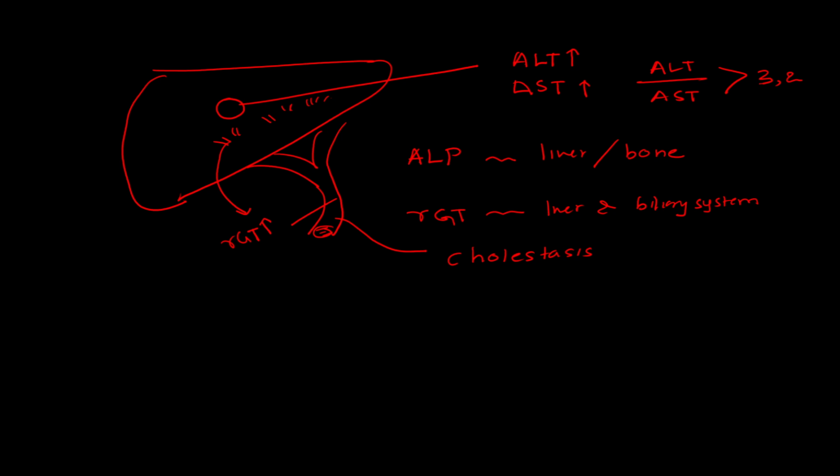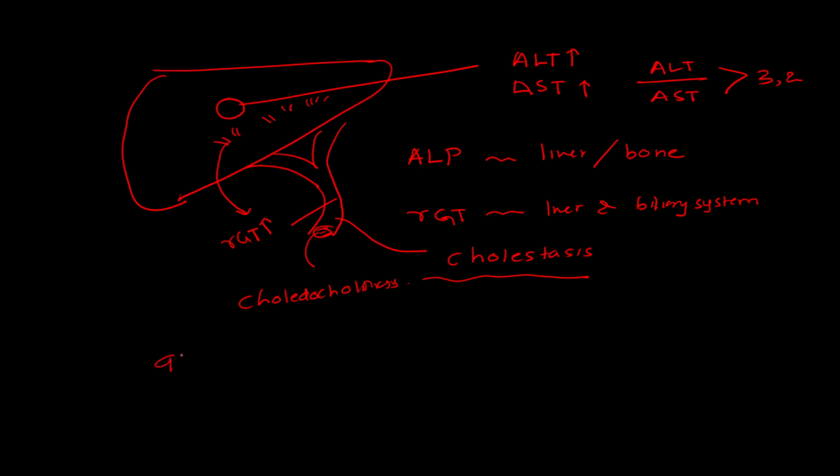So in cholestasis, let's assume that there is a blockage in the extrahepatic biliary duct, which could be due to choledocholithiasis, which means there's a stone in the biliary tree. There is cholestasis, so there will be increased levels of gamma GT.